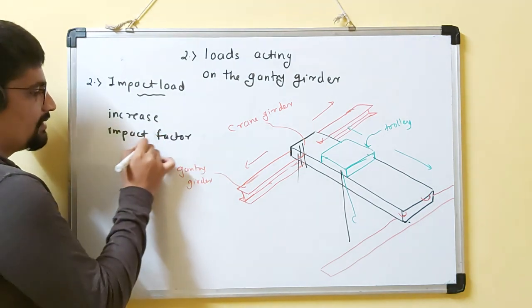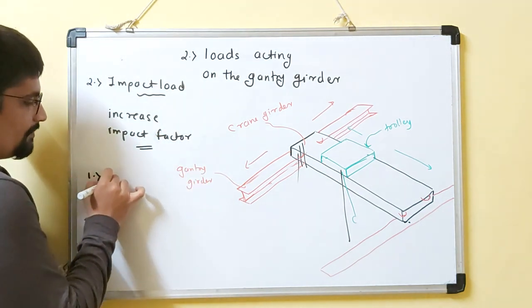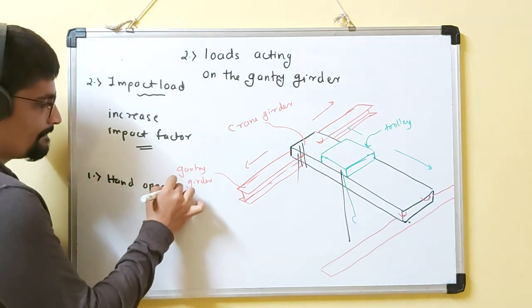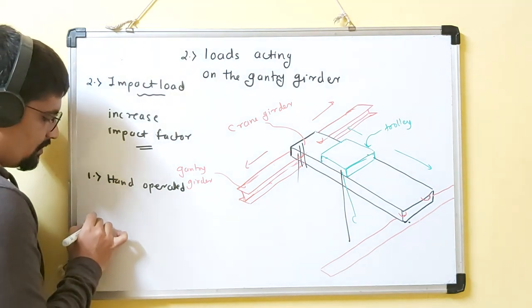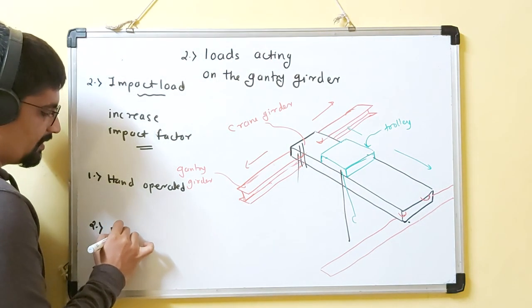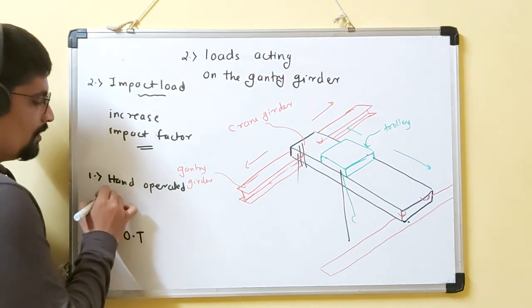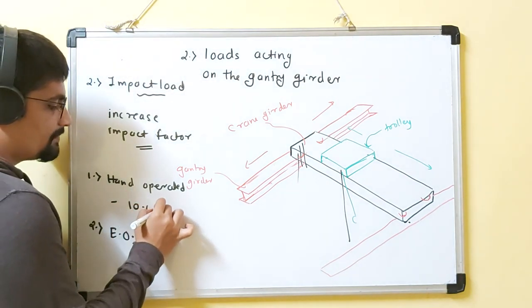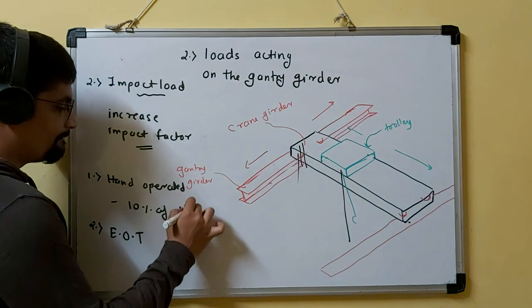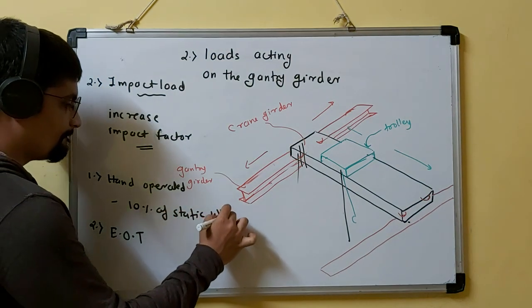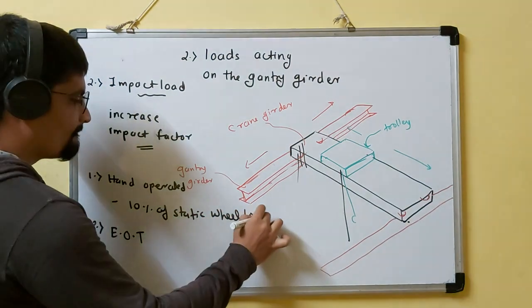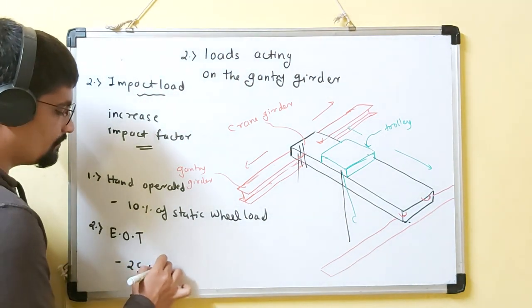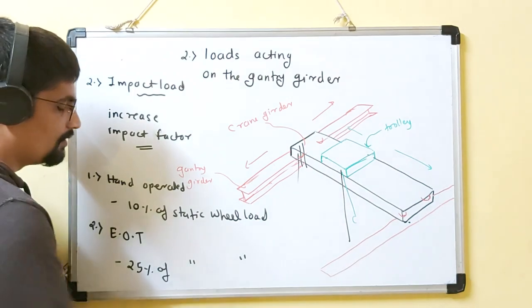As I said earlier, there are two types of crane: hand operated and the second one is electrically operated, also known as EOT. So the impact factor for hand operated is 10% of static wheel load, and for EOT it is 25% of static wheel load.